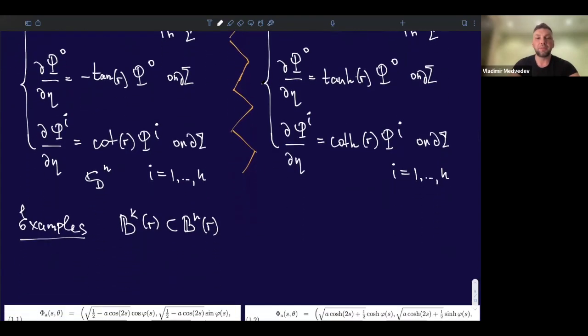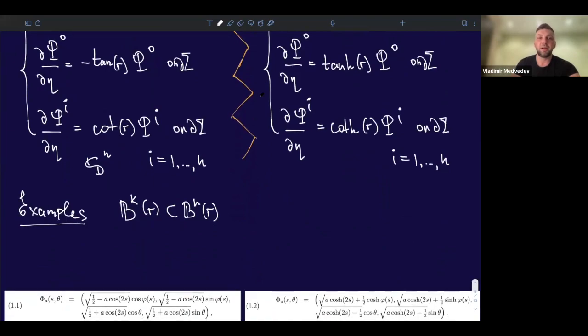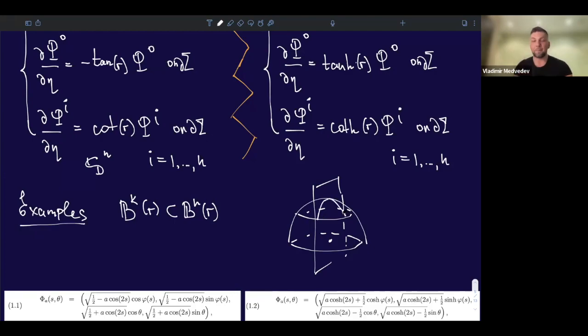So let me give you some very simple examples. In the flat case, you can take a geodesic ball, let's say in the half sphere, and you can take a plane passing through the origin of it, and it hits our sphere, and as a cross section we get a K ball of the same radius as the ambient ball, and obviously it meets the boundary orthogonally.